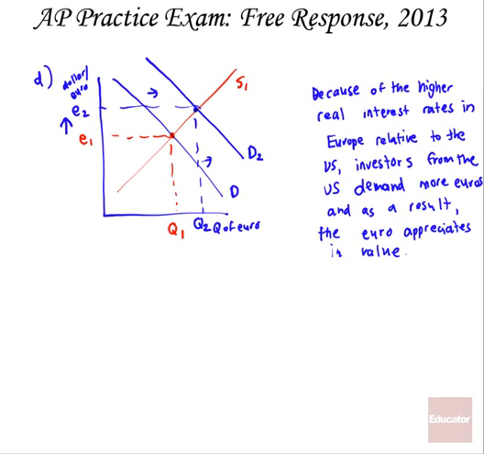So this will get you the third point. If you just draw the graph, you're just going to get 2 points here. The third point really is in the explanation, to be able to understand the connection behind this.